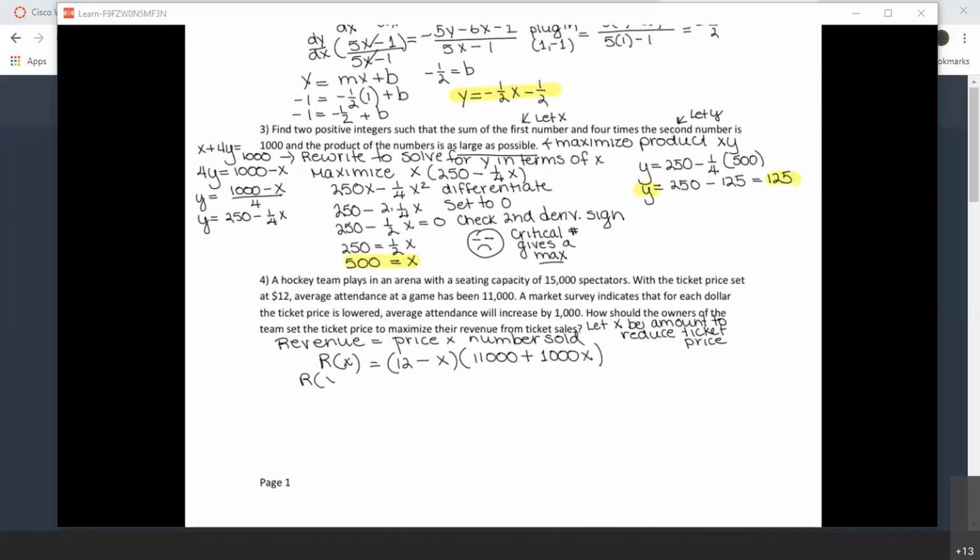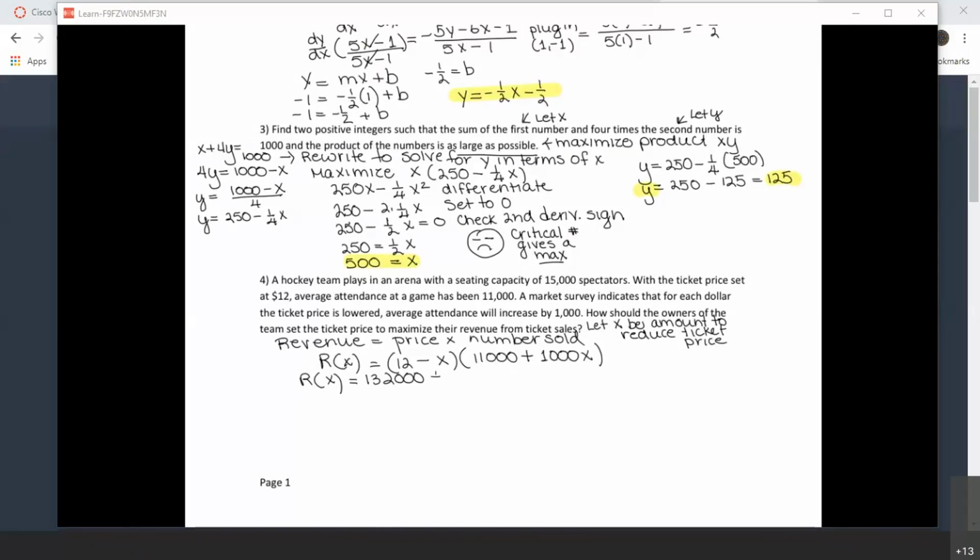This is a product of binomials, which of course you could FOIL out. I'm going to multiply 12 times 11,000. That's going to give me 132,000. This will give me minus 11,000x, and this will give me plus 12,000x, right? See my inside terms? One's plus 12,000x, one's minus 11,000x.